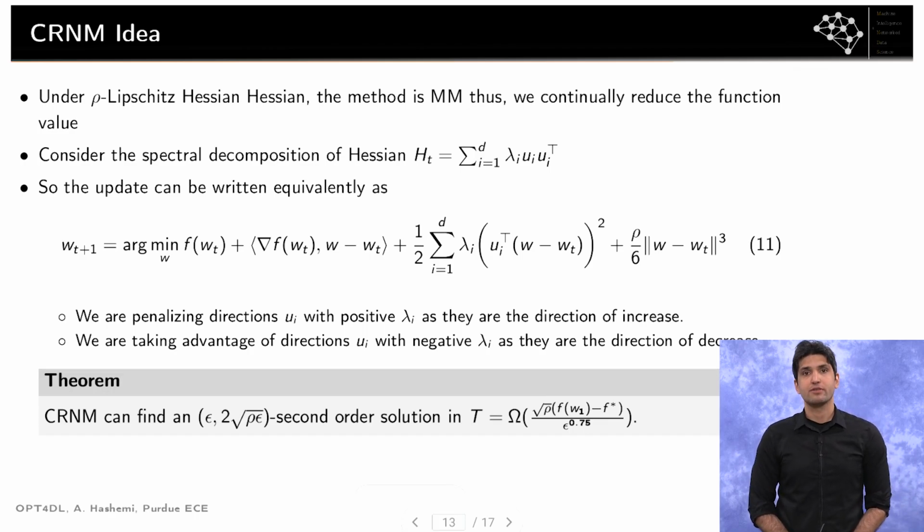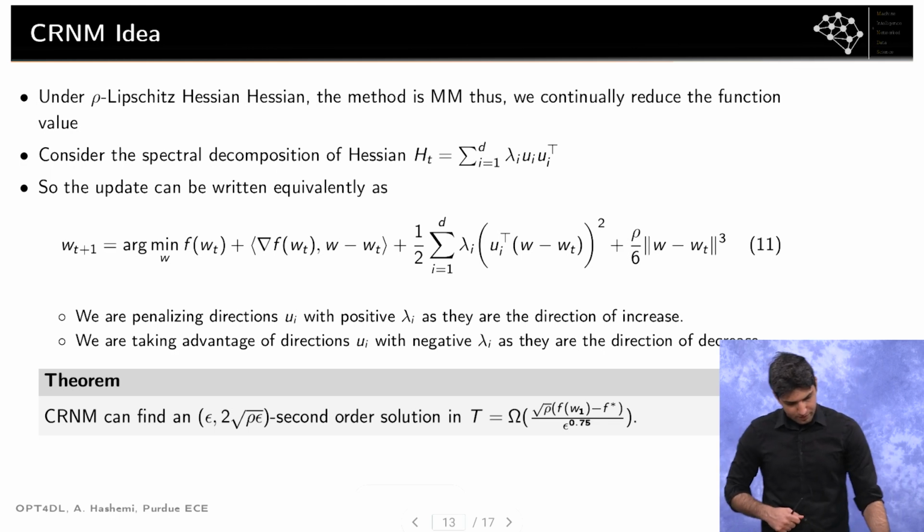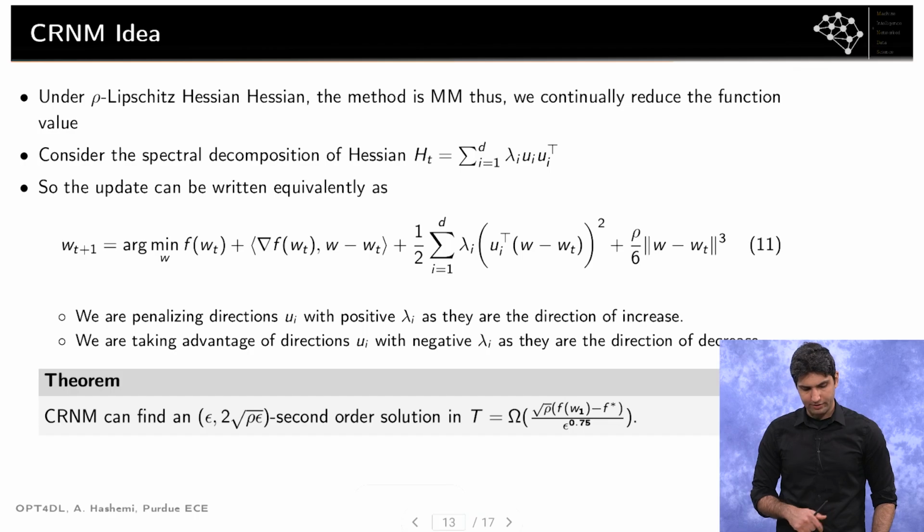It's a method that explicitly leverages Hessian information in the update to make sure we can avoid simple saddle points as well as local maxima, and therefore converge to second order stationary points. Okay, so what's the main idea behind this algorithm?